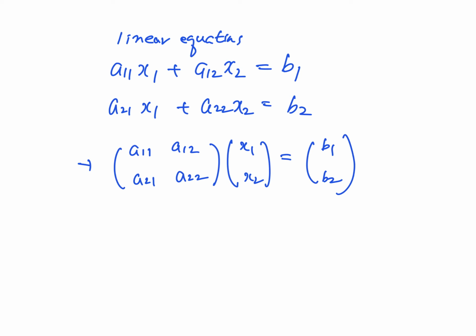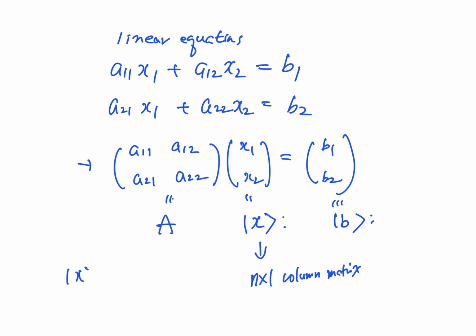So this is called the A matrix. We call these column matrices this way, P. So this is called an n by 1 column matrix, or sometimes we call it a ket vector. It's a particular name.